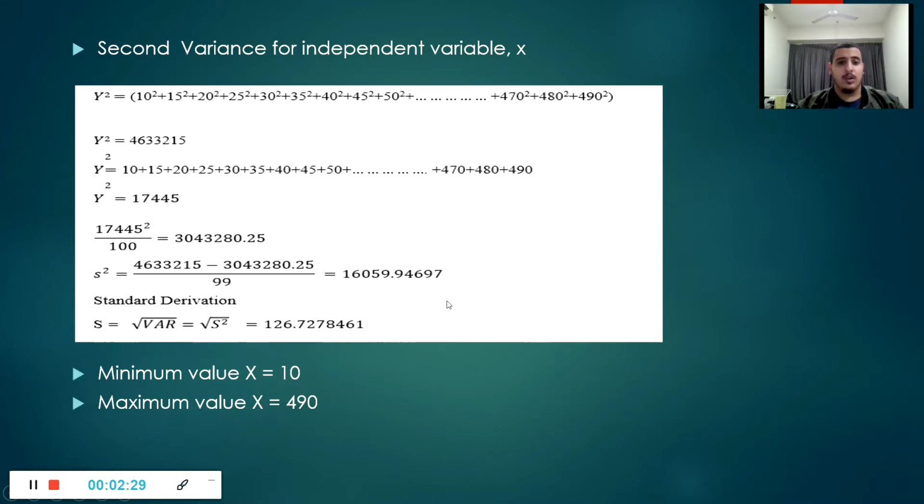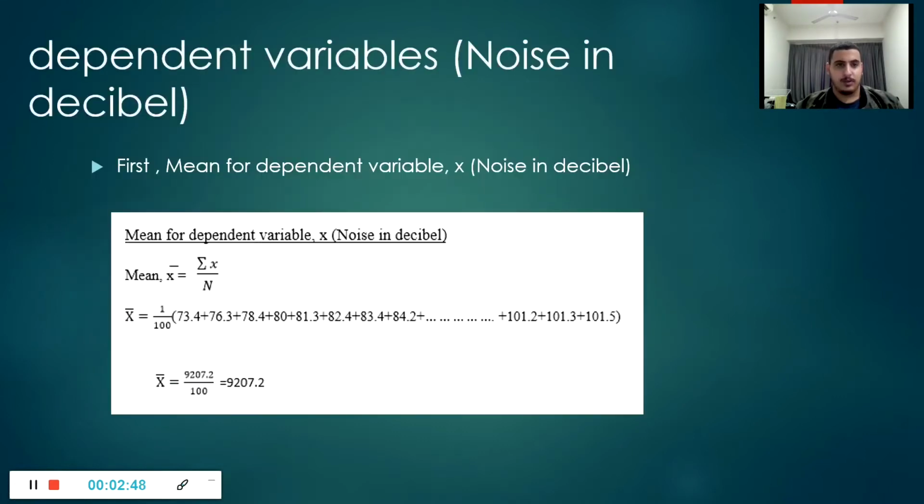We will get 126.7278461. For the minimum value, x equals 10, the minimum value in the table, and the maximum value is 419, which is the highest value for the independent variable.